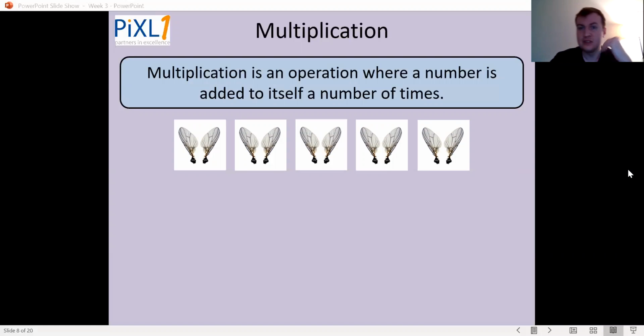Okay, so you've got here pairs of wings. If you see a pair of wings as 2, how many 2's are we adding together? We've got 2 plus 2 plus 2 plus 2 plus 2. How many? Count up the pairs of wings.